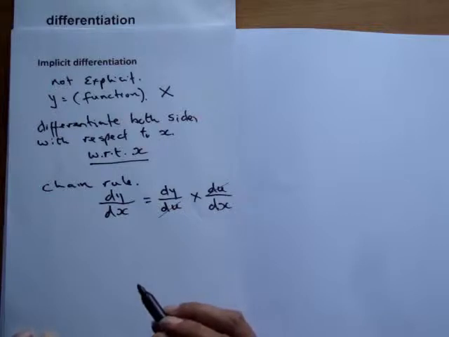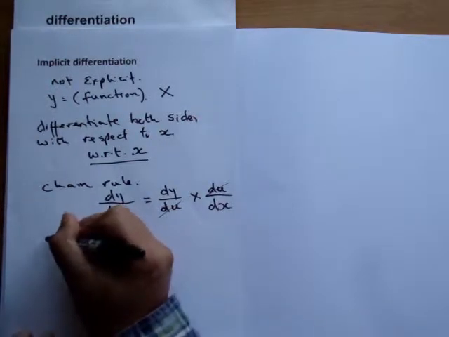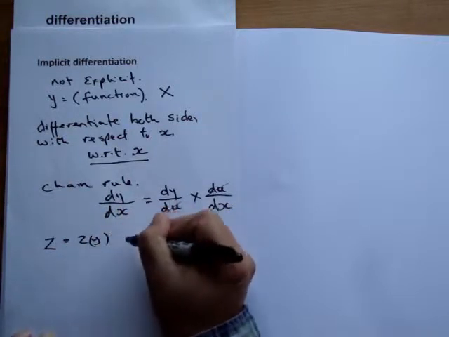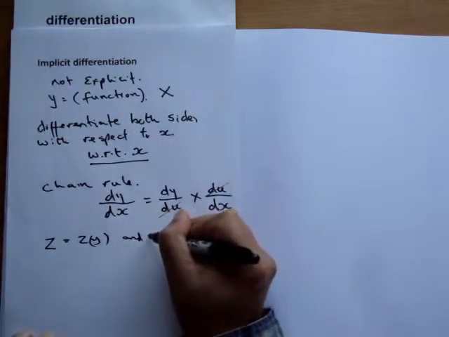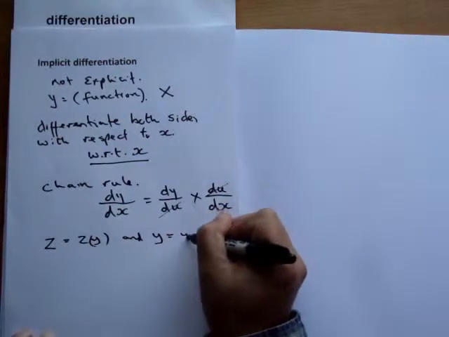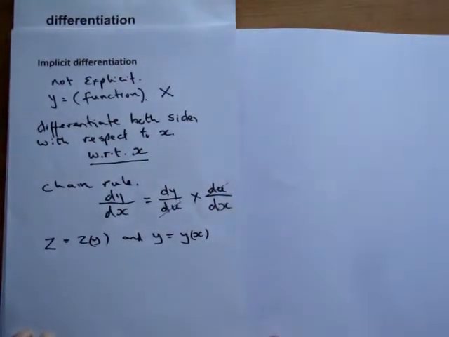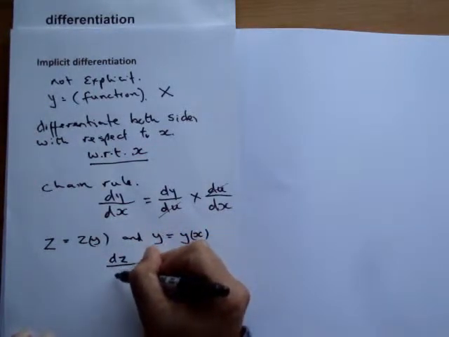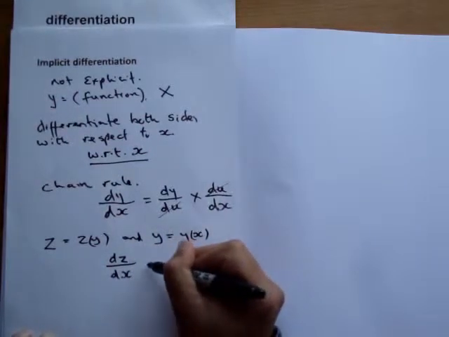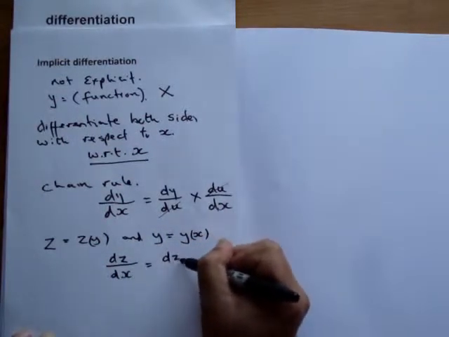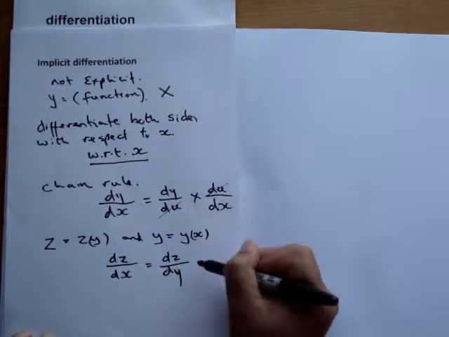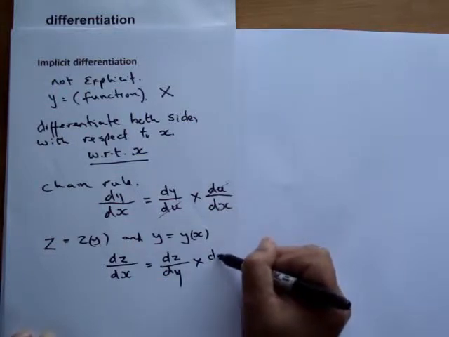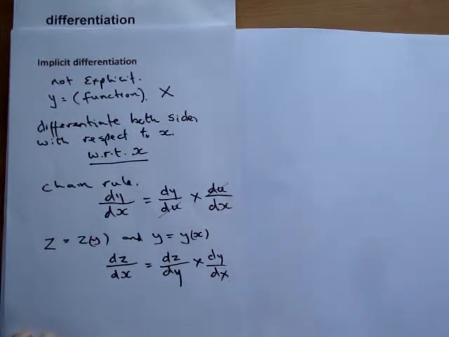Similarly, if we use a different variable, so we use z and y, then this rule applies. dz by dx equals dz by dy times dy by dx.